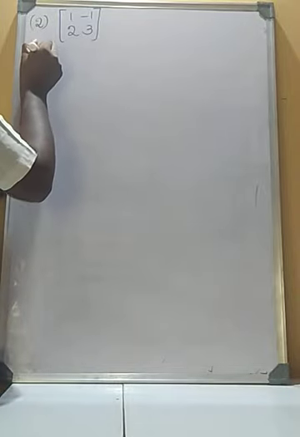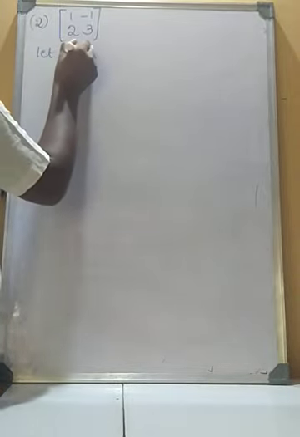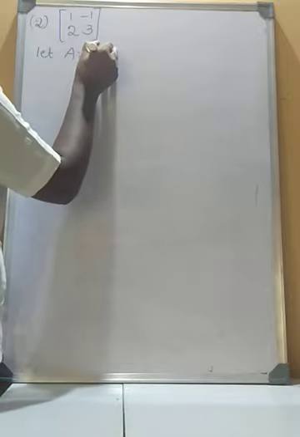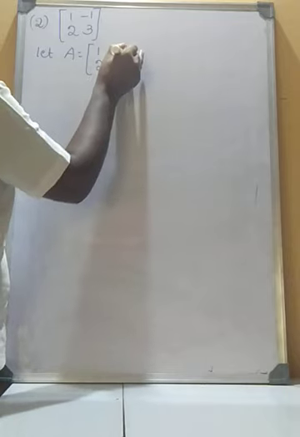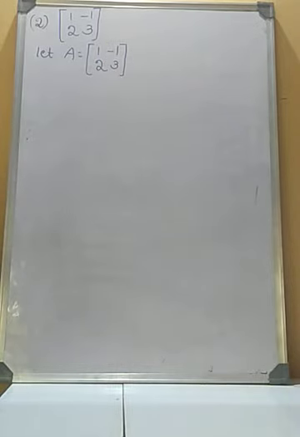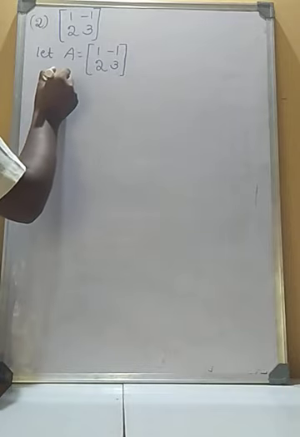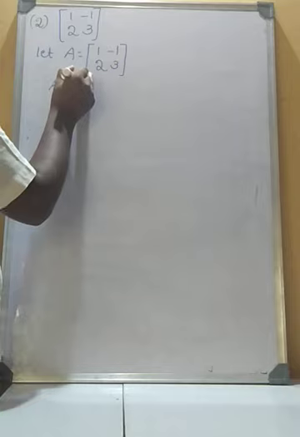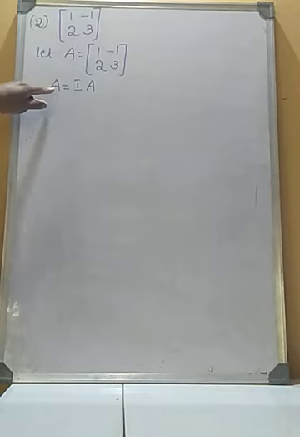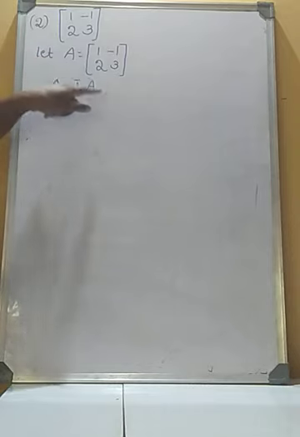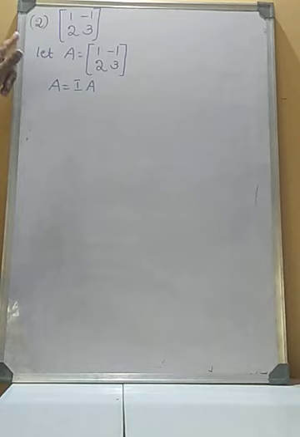Let A is equal to [1, -1; 2, 3]. By using row operation, the given matrix can be written as A is equal to IA. Suppose by using column operation, the given matrix can be written as A equals AI. Now I am using row operation here.